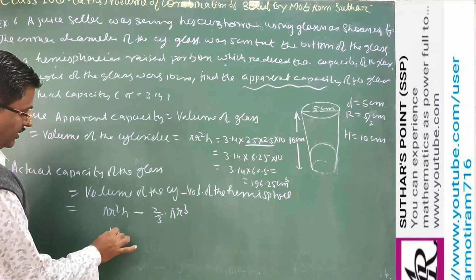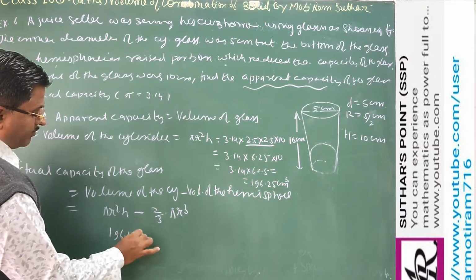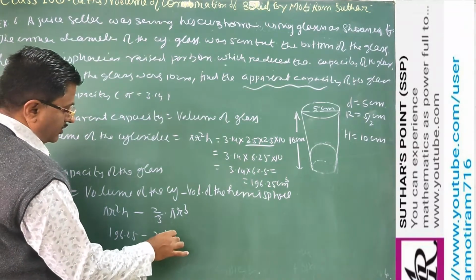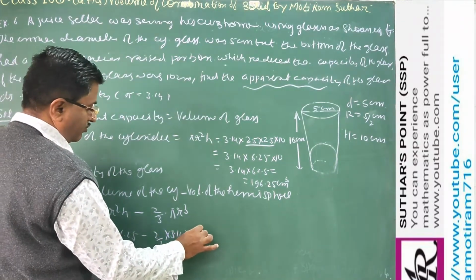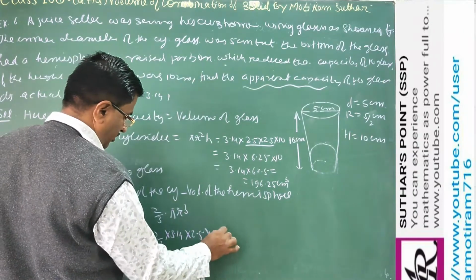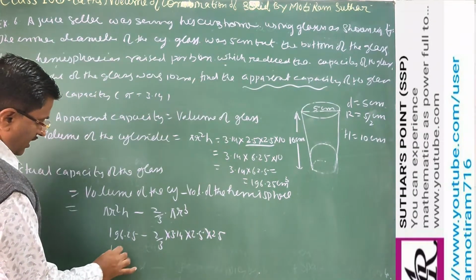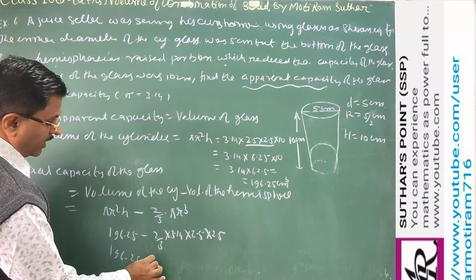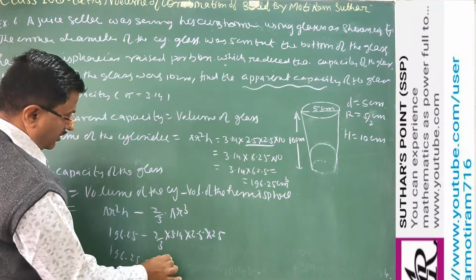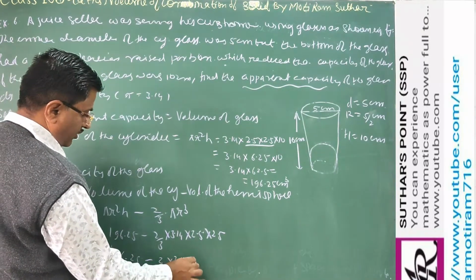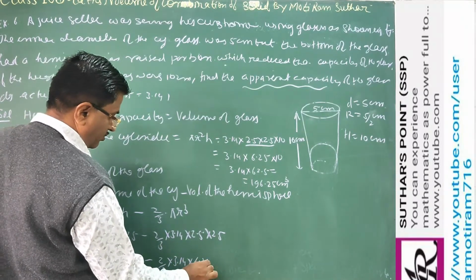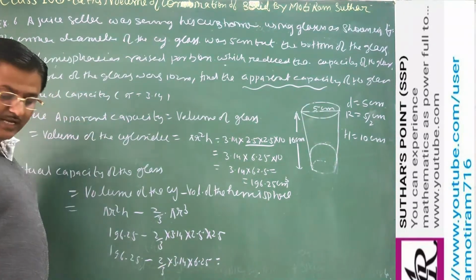So 196.25 we already calculated, pi as 3.14, r as 2.5 into 2.5. So 196.25 minus 2 by 3 into 3.14 into 6.25. So calculate this one and subtract.